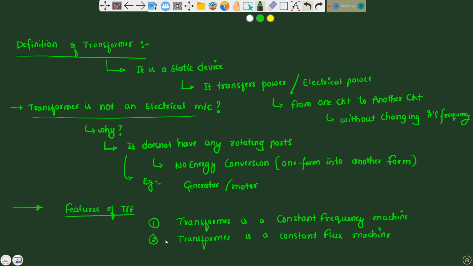Suppose in an examination you are asked which of the following is called a constant frequency machine or constant flux machine. They will give 4 options and you have to choose one correct answer. If transformer is among the options for the question constant frequency machine, you should choose the transformer as the answer.